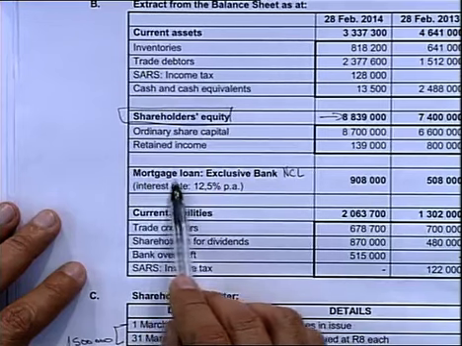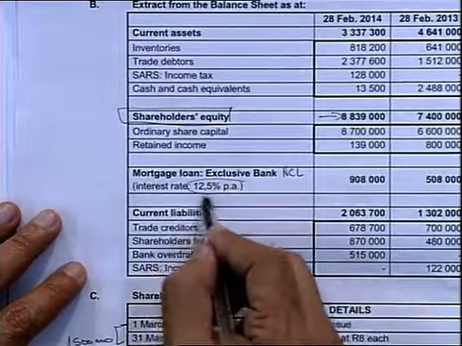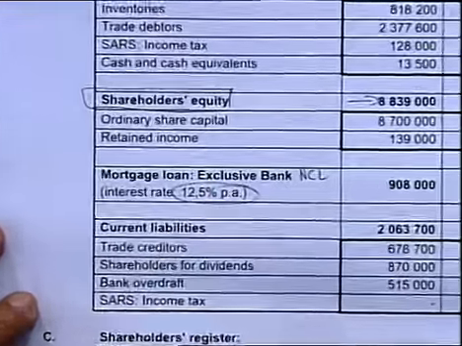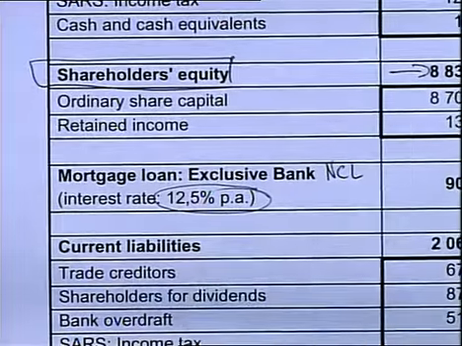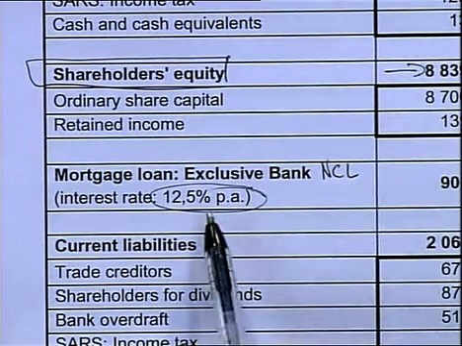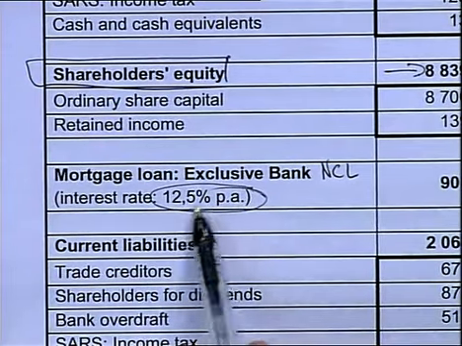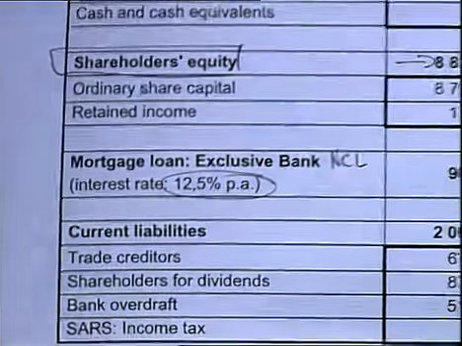A mortgage loan is an example of a non-current liability. Then also they're giving us the interest percentage over there, the 12.5%. Okay, so if we know the formula, just remember that the 12.5% we'll take into consideration later, just in case we have to do some commenting on the loan and stuff like that.